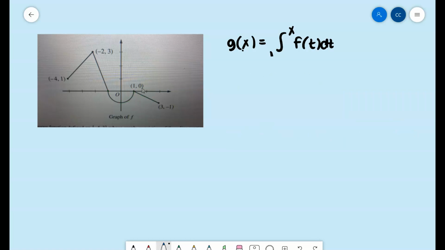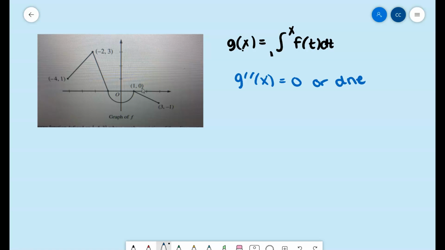Okay, part D, for -4 to 3, so we're going beginning to end. Find all values of x for which the graph of g has a point of inflection. So where do points of inflection occur? Points of inflection occur on the second derivative at the points at which the second derivative is either equal to 0 or does not exist. So basically we're looking for the critical points.